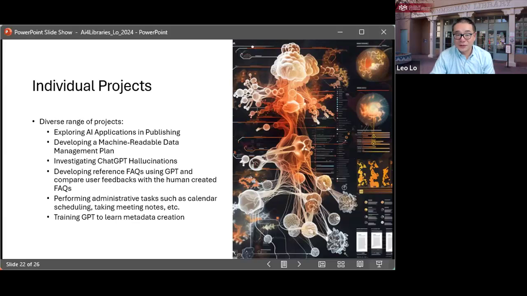My assistant loved it the most. He used it to do a lot of administrative tasks like calendaring, scheduling, and taking meeting notes. Another person tried to train GPT to learn metadata creation. So a variety of things that we use it for.